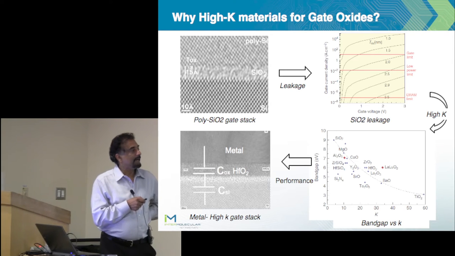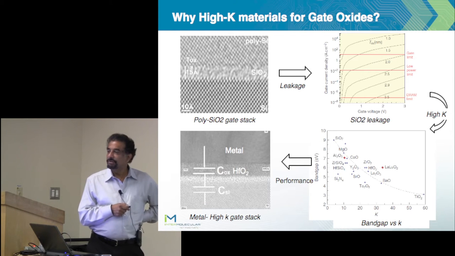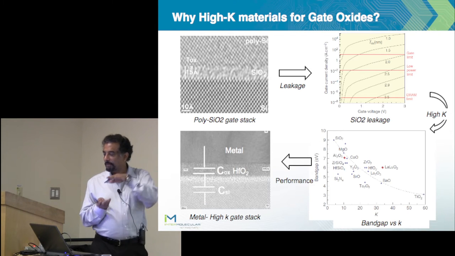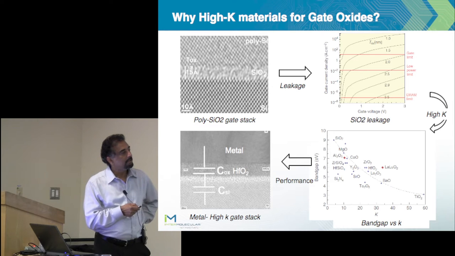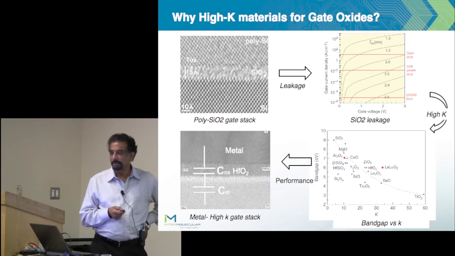The problem is that as you decrease the thickness, the leakage goes up. Here we are looking at the actual leakage when you apply a voltage across a silicon dioxide: here's the gate voltage, here's the current, and this is the thickness. As we start reducing the thickness in this direction, this is 2.5, say this is 1.5, the leakage numbers start going up quite a bit.